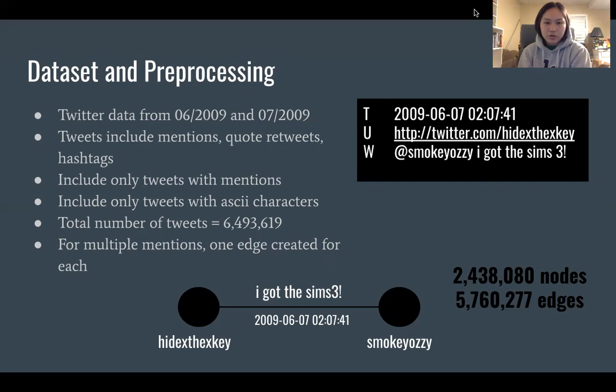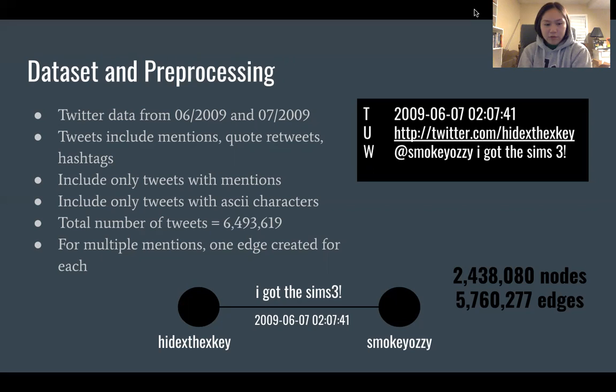It also includes hashtags, which are used when a user is talking about a specific topic. I only included tweets with mentions because I wanted to create a communication network, and I only included tweets with ASCII characters for the sentiment analysis portion of the algorithms.